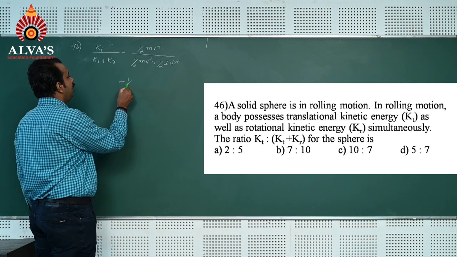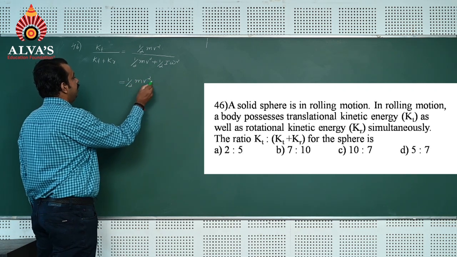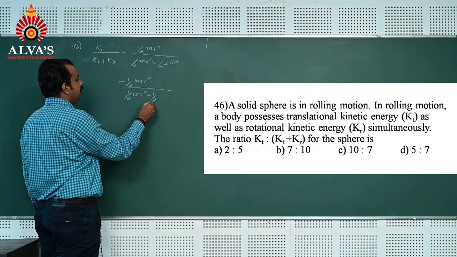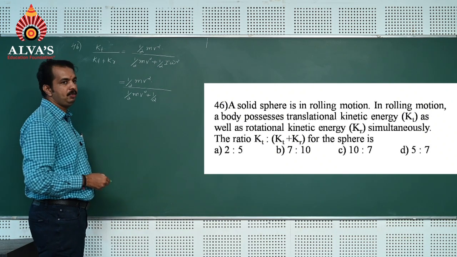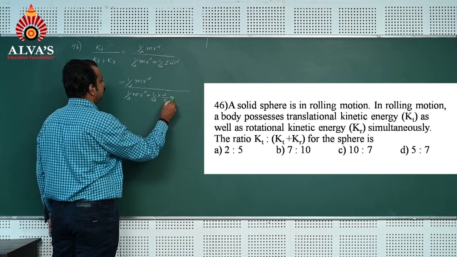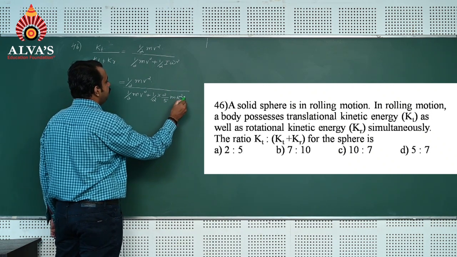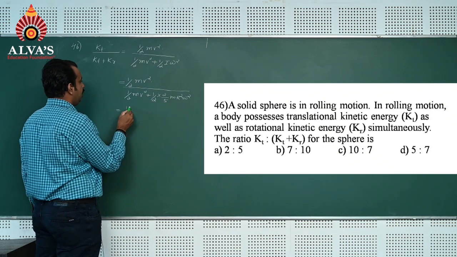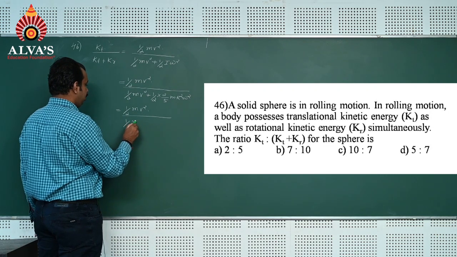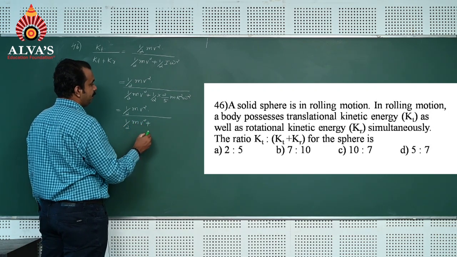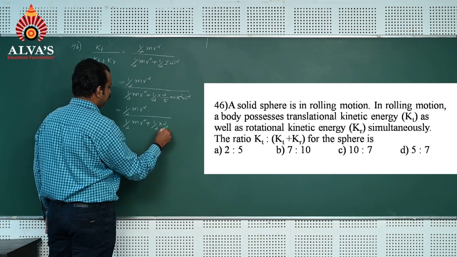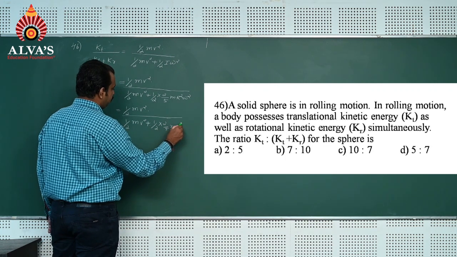Now it is half mv square divided by half mv square plus, since the object is a solid sphere, the moment of inertia is 2 by 5 m r square into omega square. With r omega equal to v, it is half mv square divided by half mv square plus 1 by 2 into 2 by 5 mv square.